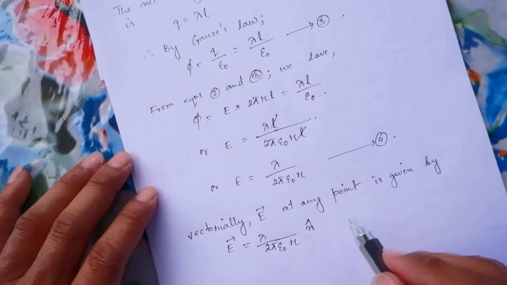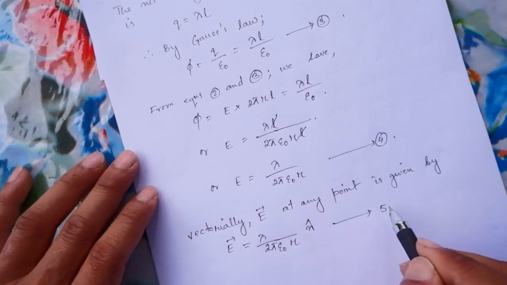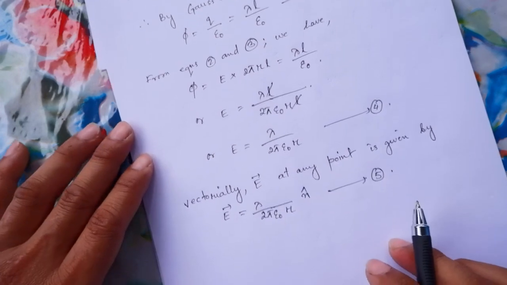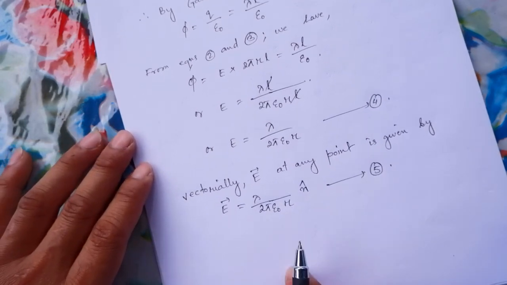Name this as equation number 5. So equation 5 will give the value of E in vector form at point P.